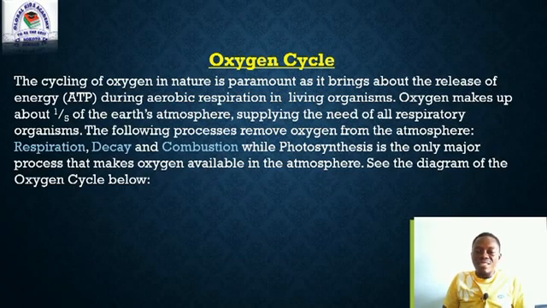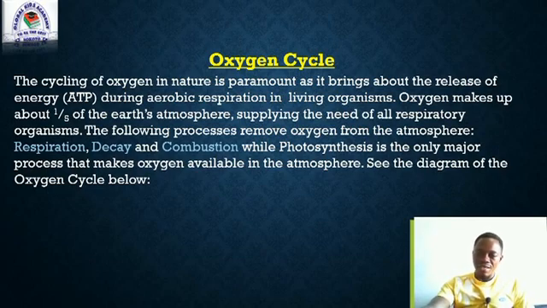The following processes remove oxygen from the atmosphere: respiration, decay, and combustion. Take note of these three major processes. While photosynthesis is the only major process that makes oxygen available in the atmosphere. So by photosynthesis, the byproduct released into the atmosphere is oxygen.